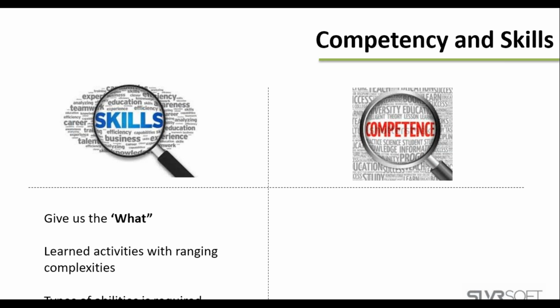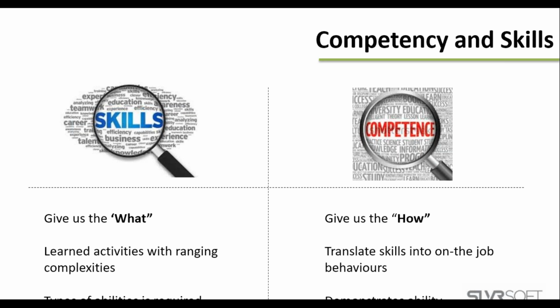Knowing which skills a person possesses helps us determine whether their training and experience has prepared them for a specific type of workplace activity. In other words, as I said, skills gives us the what. They tell us what types of abilities a person needs to perform at a specific activity or job. They don't give us the how.